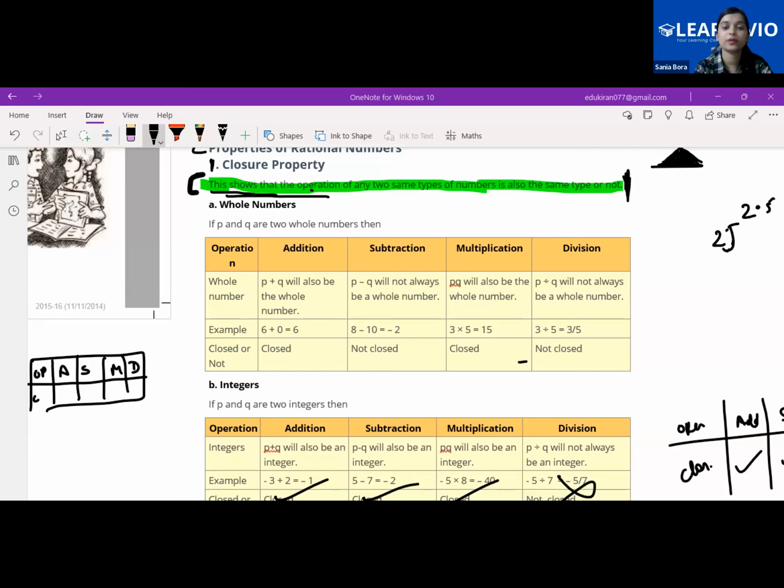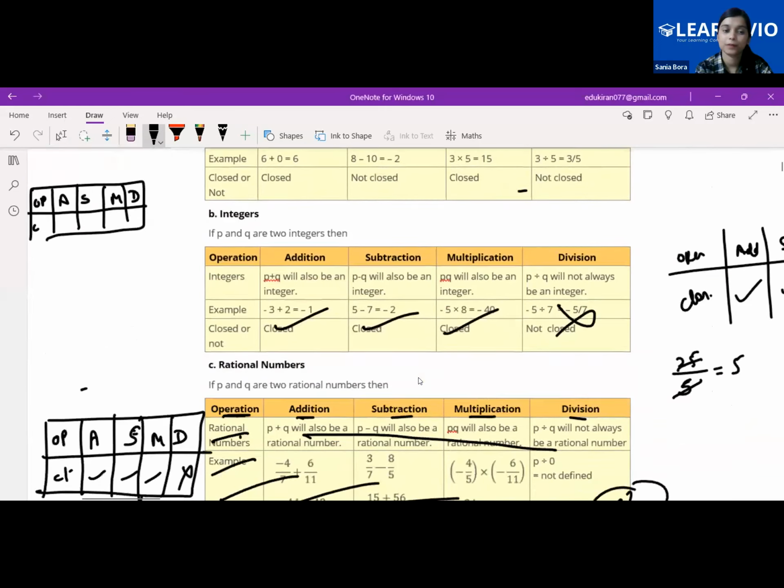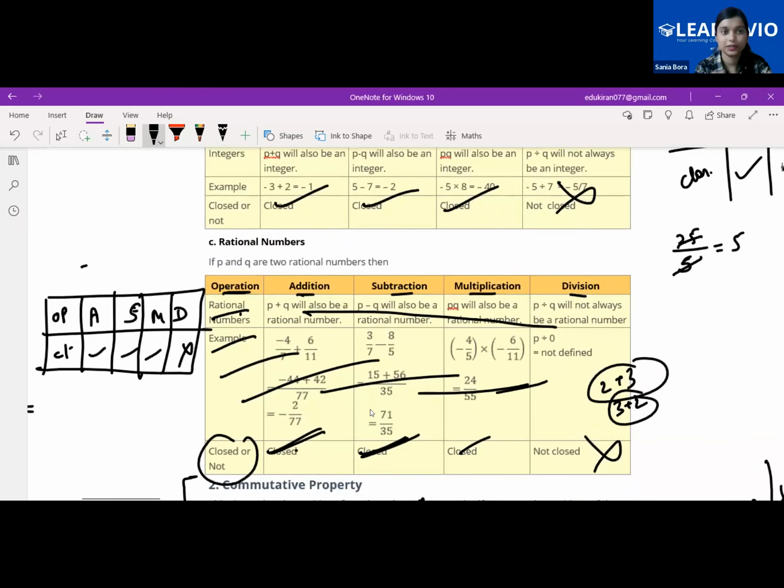Should I move to the table? Yes, ma'am. Okay, now this is the table. Quickly do it.